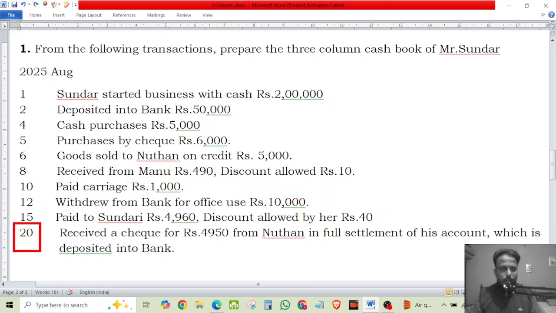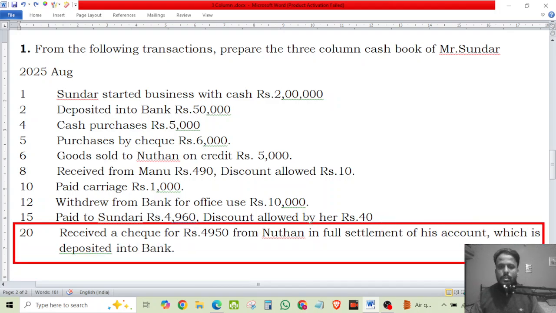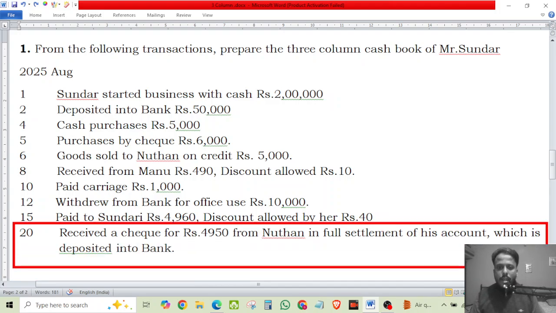So the next entry, the last entry, is on 20th. On 20th of August, received a check from Nutan, which is deposited on the same day, 4,950 in full settlement. Whenever they use the words full settlement, we have to visit the previous entry connected to Nutan.